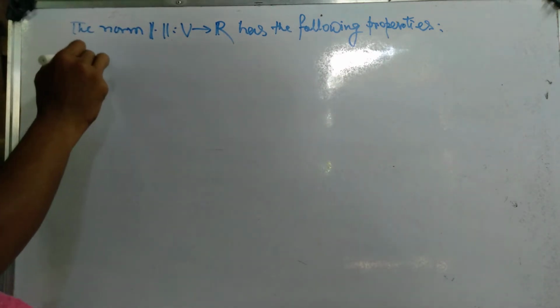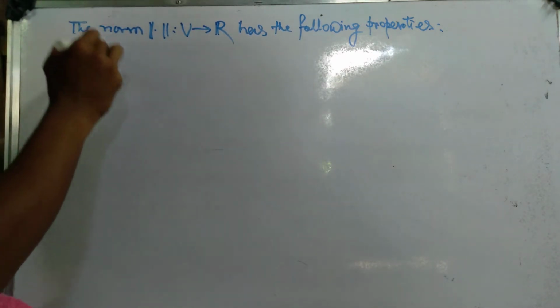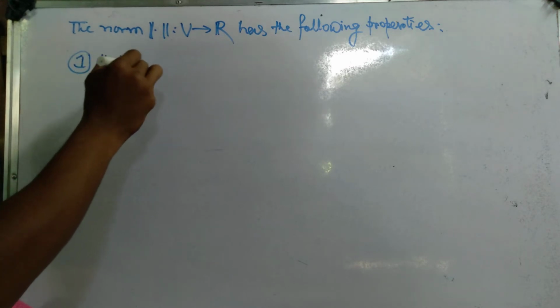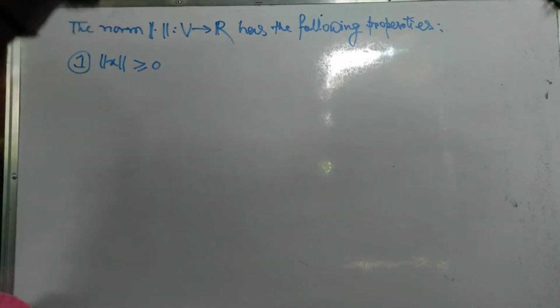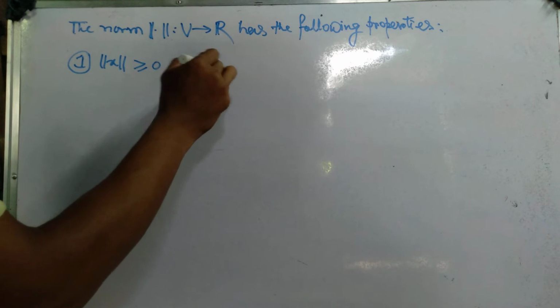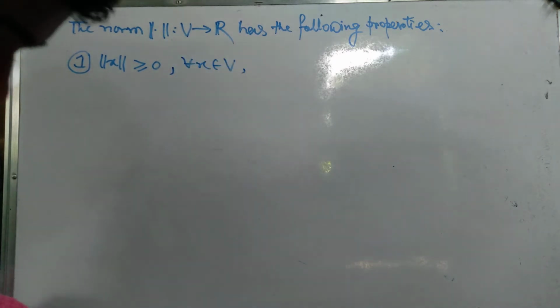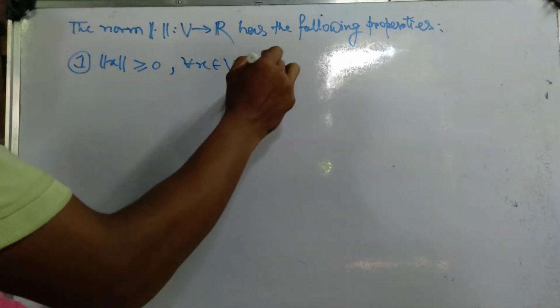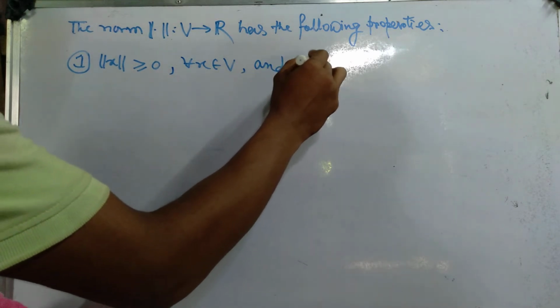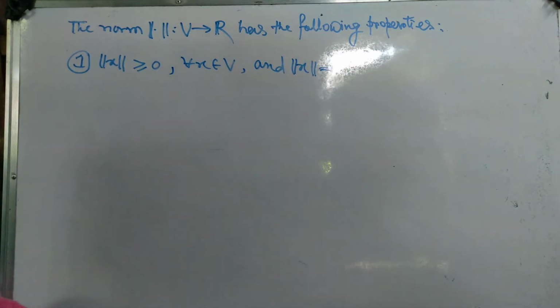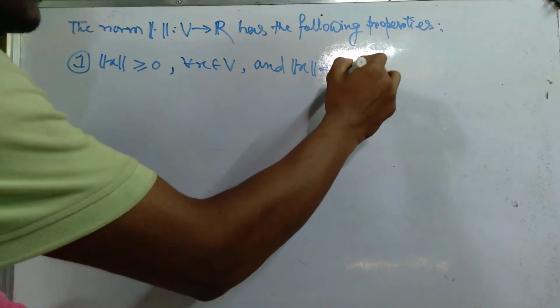First, norm x is greater than or equal to 0 for all x belonging to V, and norm x equals 0 if and only if x equals 0.